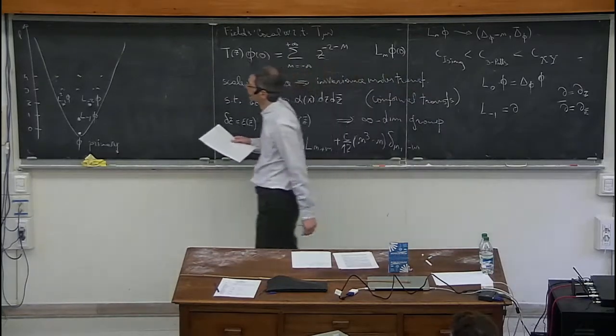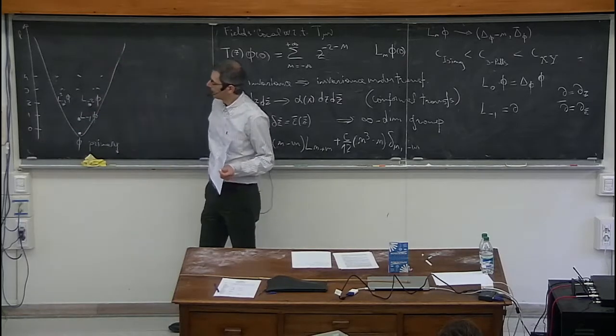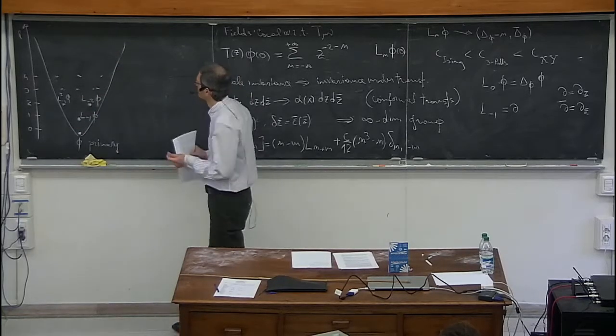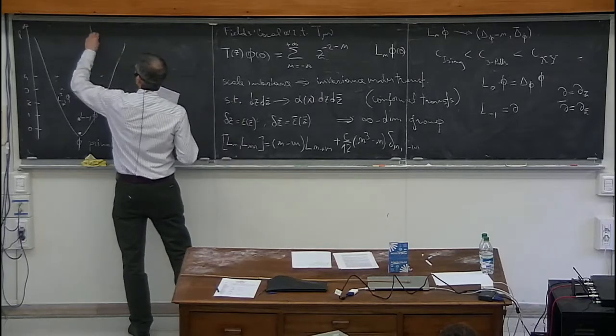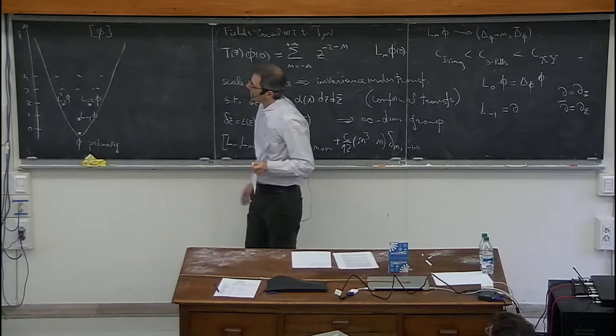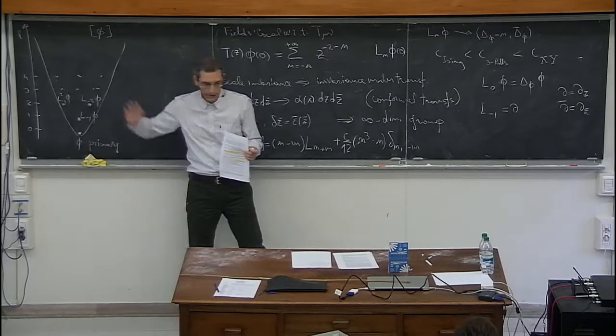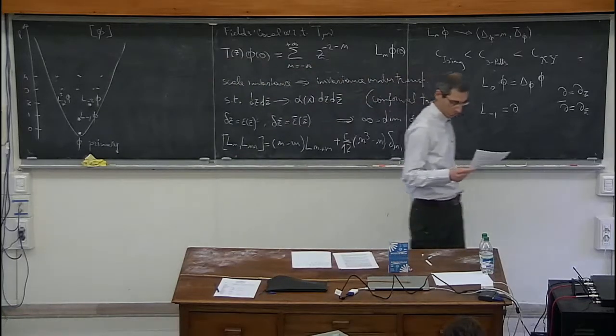And so this is called the primary. These fields that you generate in this way are called the descendants. And I will denote by this the family of fields consisting of the primary and all the descendants.